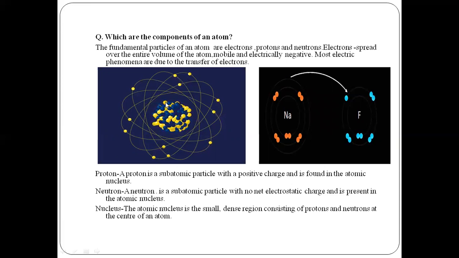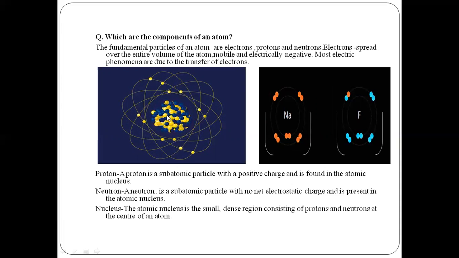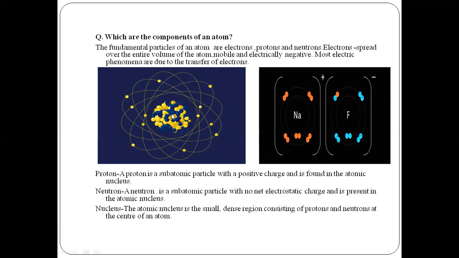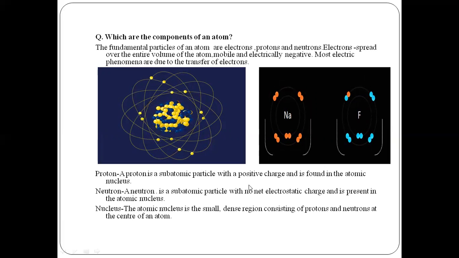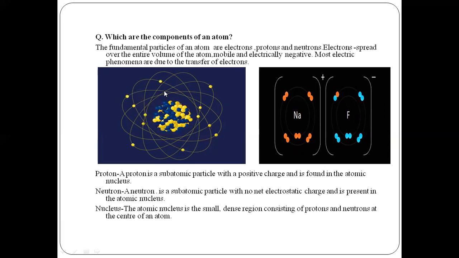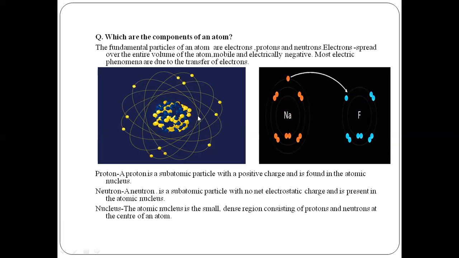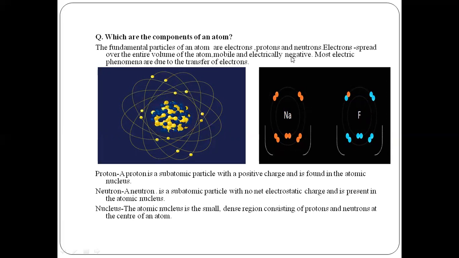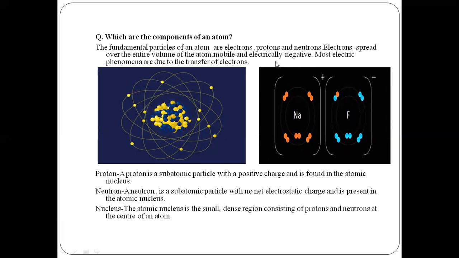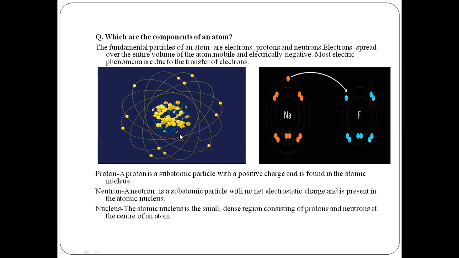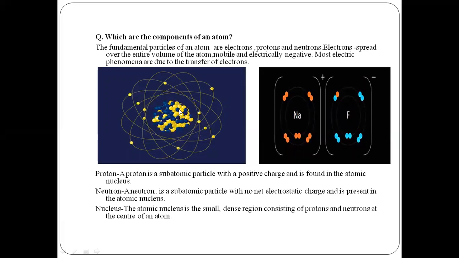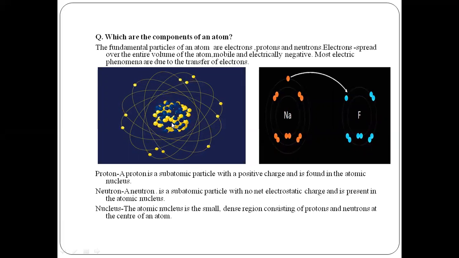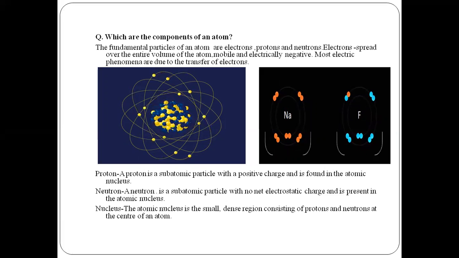The nucleus is made up of protons and neutrons; being proton positive and neutron electrically neutral, hence the charge of the nucleus is positive and the charge of an electron is negative. Since the number of protons and the number of electrons are equal in an atom, the charge of an atom is found to be neutral.